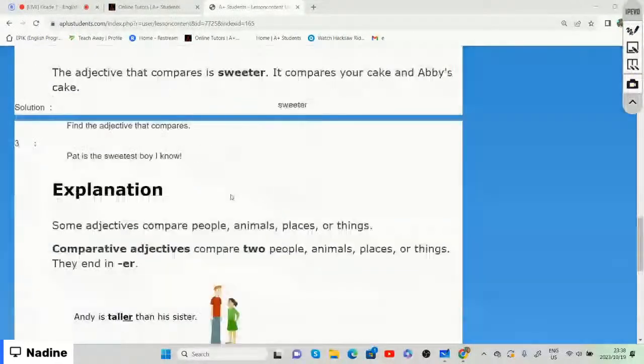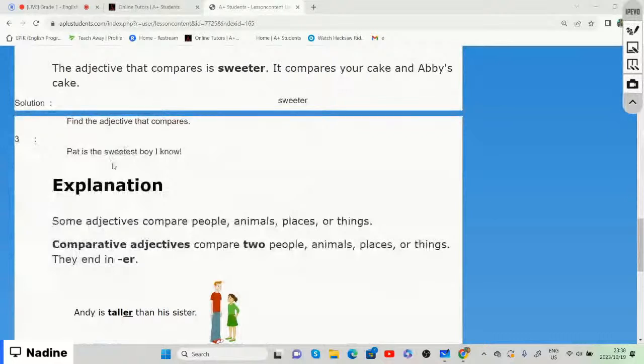Pat is the sweetest boy I know. We need to find the adjective that compares within that sentence.